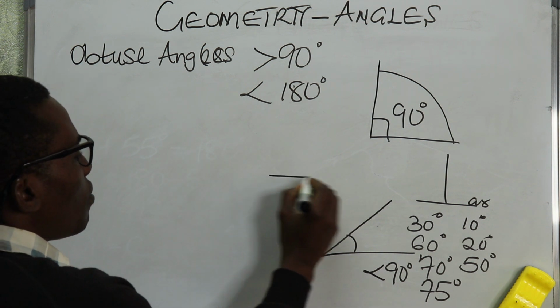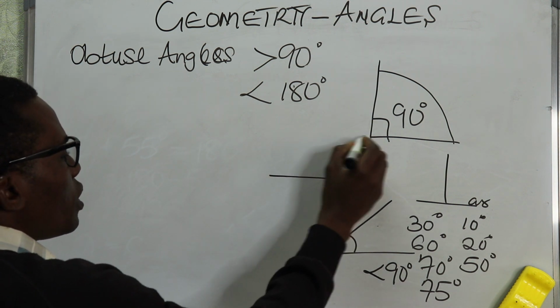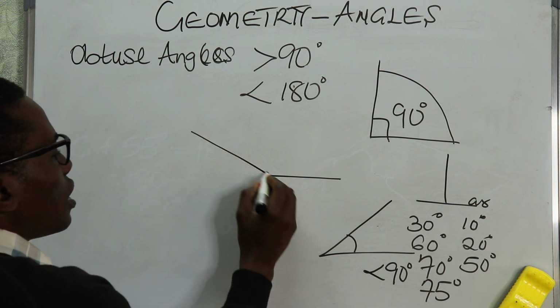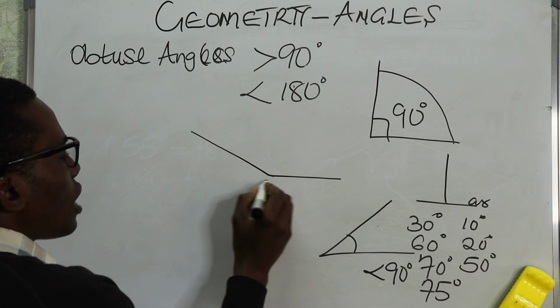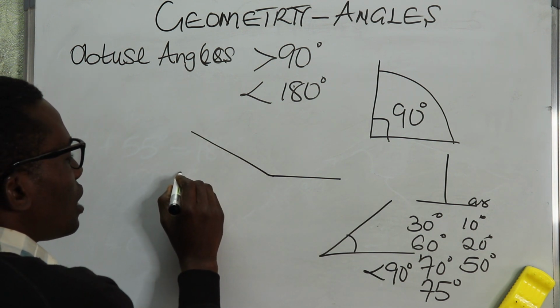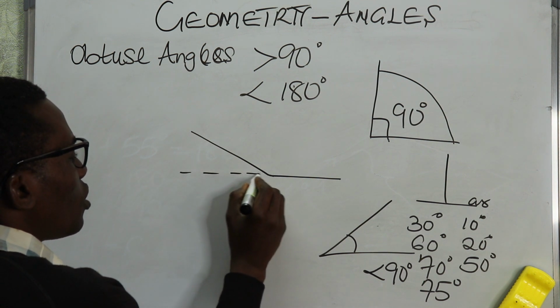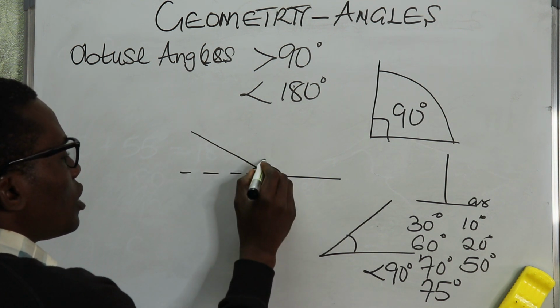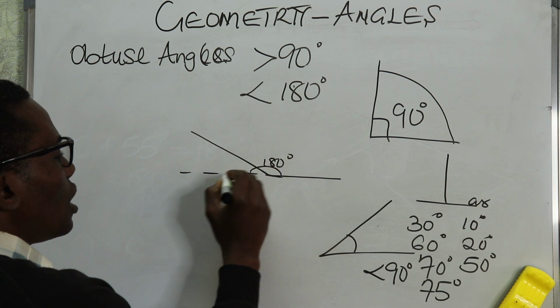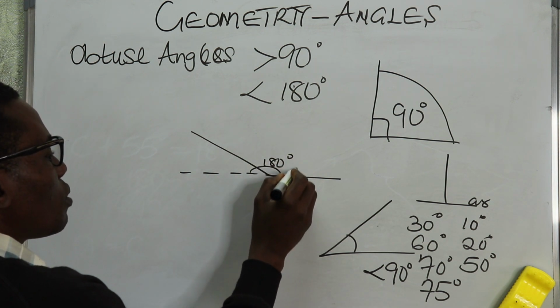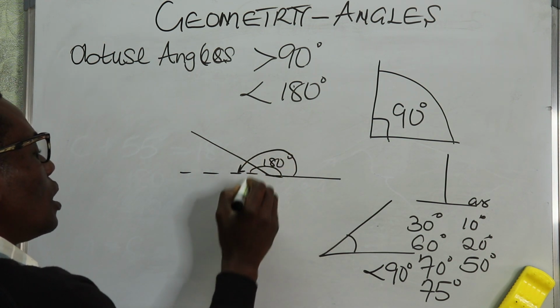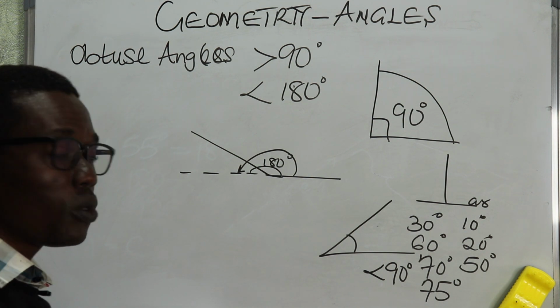180. So when we have angles that go beyond this, these are what? These are obtuse angles, so long as they don't pass this line, which is what? 180 degrees. So any angle that falls from here to this point is an obtuse angle.